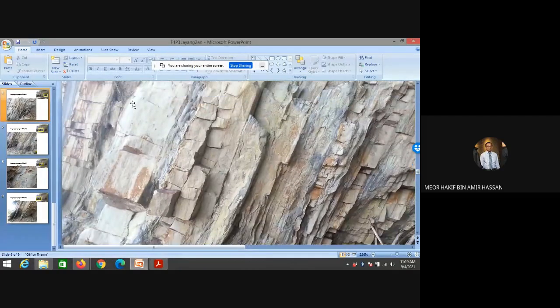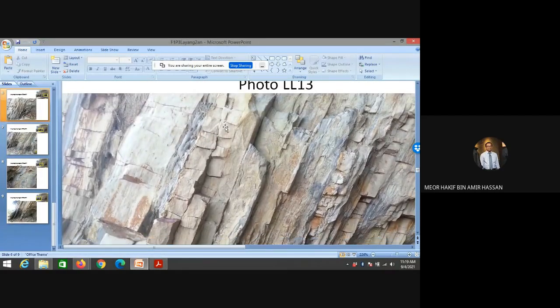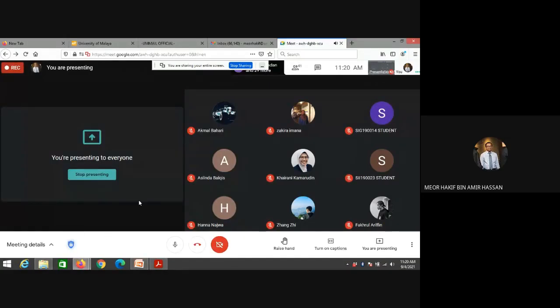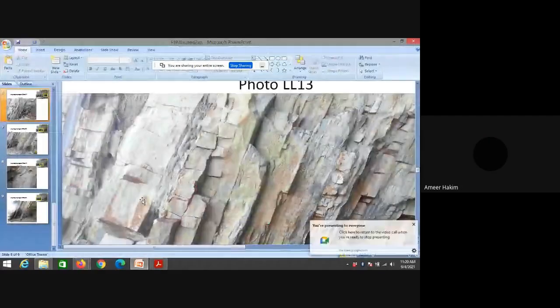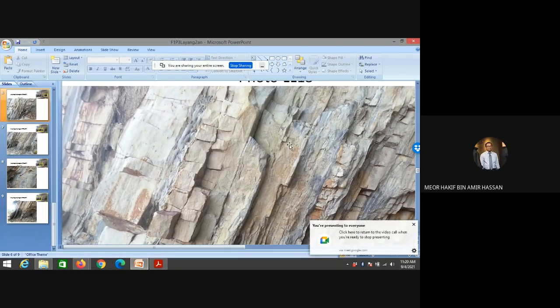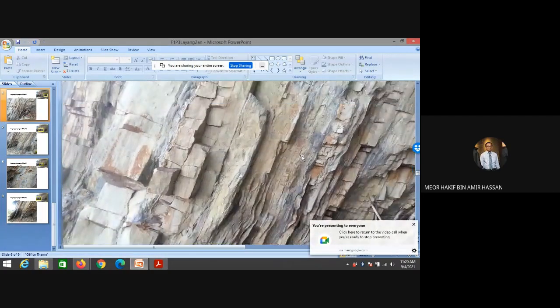So have a look at the sandstones here. Are the sandstones featureless? Semua boleh dengar ya? Boleh Doktor? Alright. So can somebody describe the sandstones here? Is it featureless ke? Do you see any sedimentary structures here?